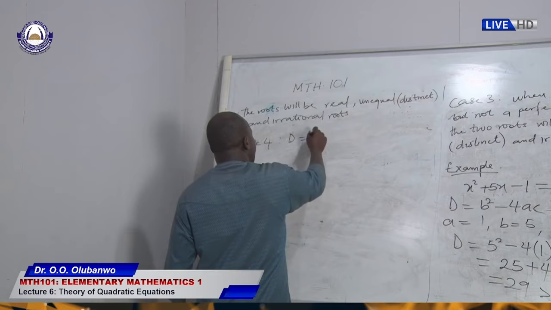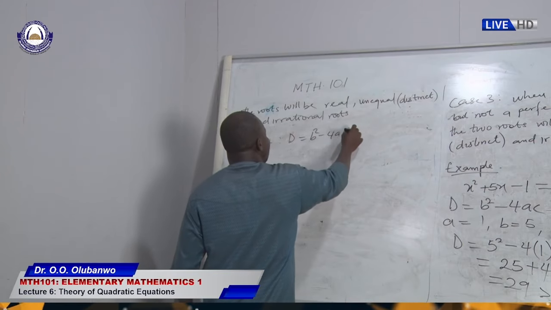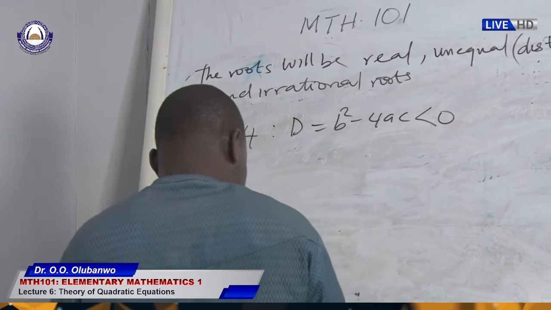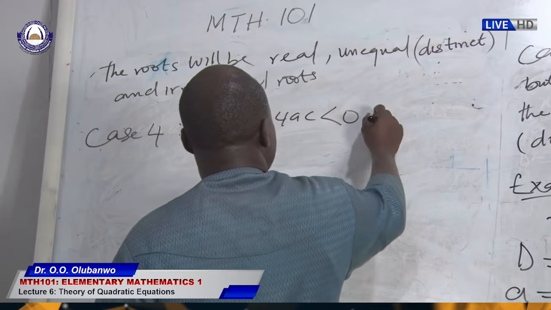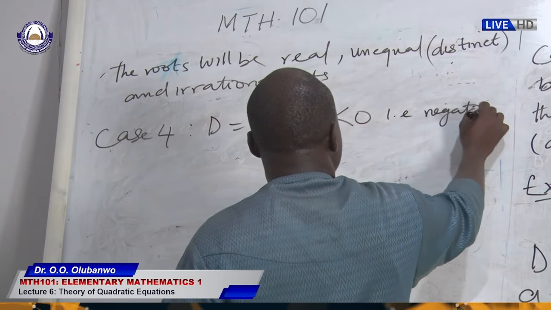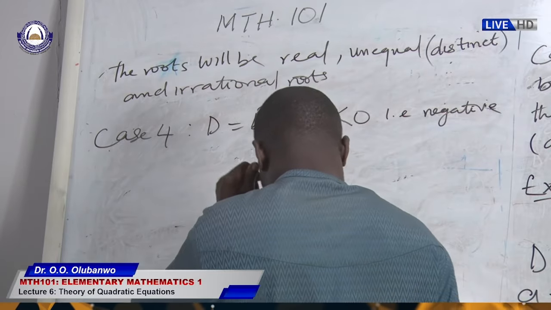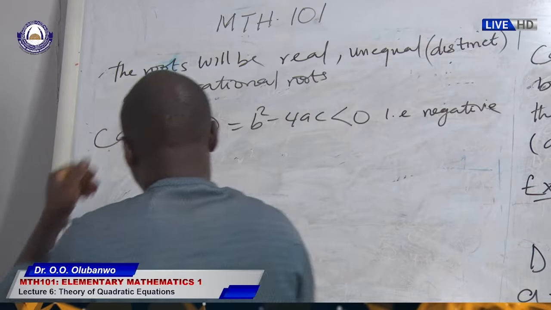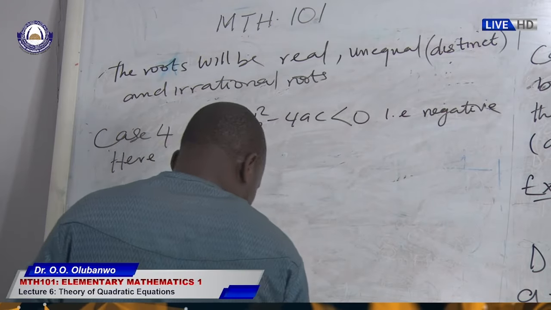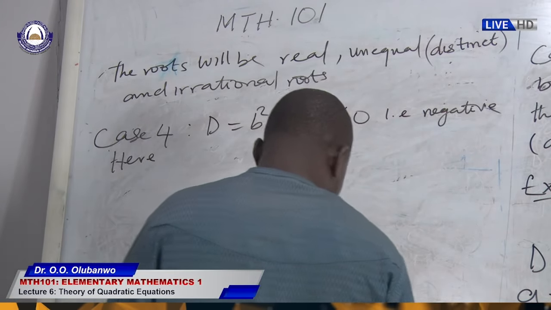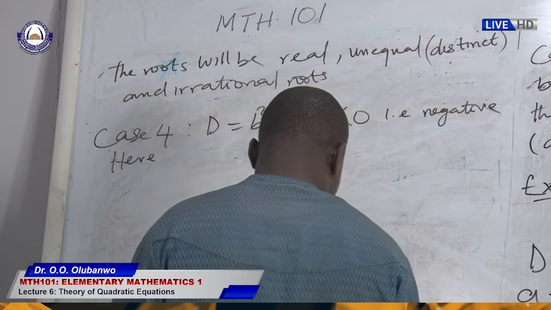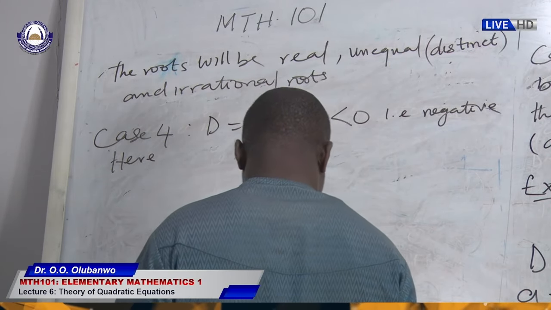Now, case 4: we want to look at the situation when the discriminant b squared minus 4ac is less than 0, that is negative. Here, the roots will not be real, but complex.